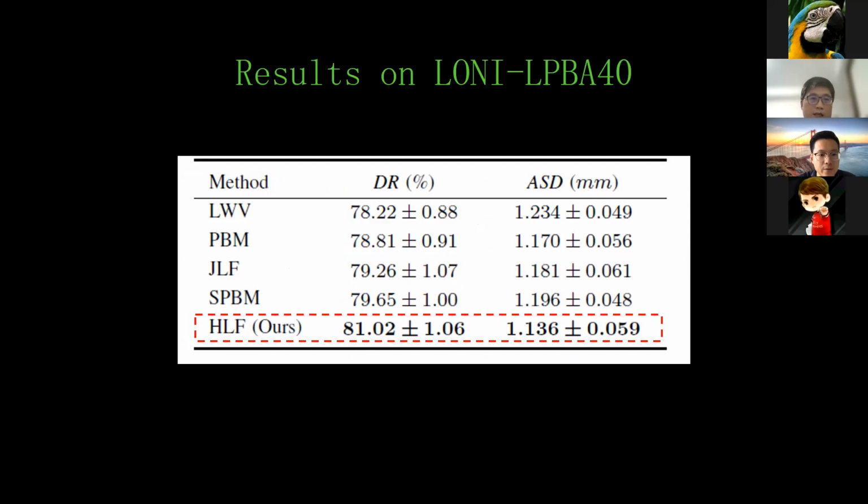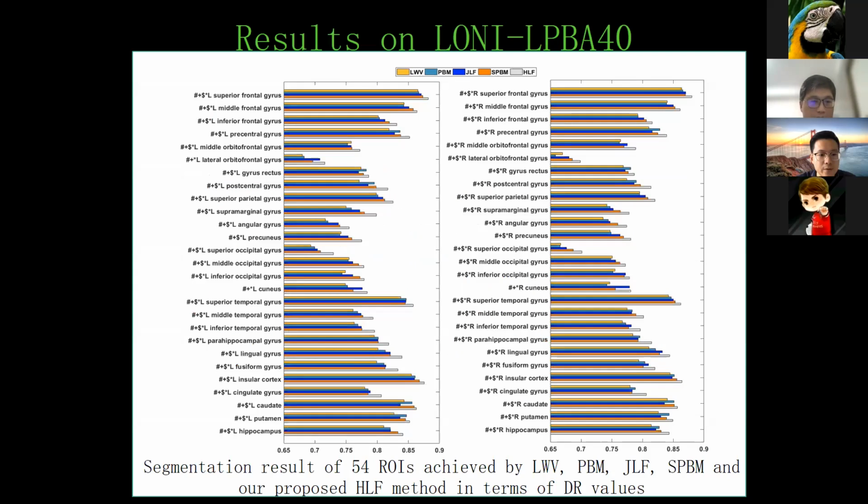In this dataset, there are multiple brain regions. Also our method achieves better performance than the compared methods. This is the detailed segmentation results on the 54 ROIs achieved by different methods.